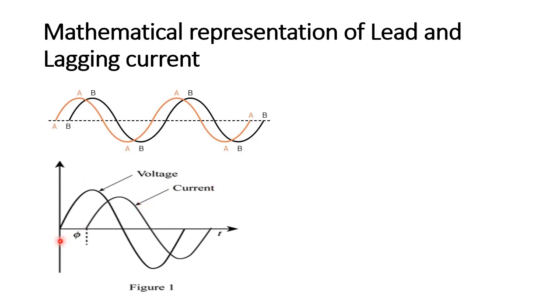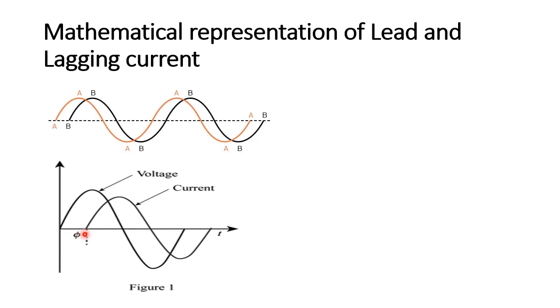So here this is the voltage waveform, this is the current waveform. So there is a phase shift or phase difference. That's why we call it out of phase. Here phi is the phase difference or phase shift. So normally we can tell this is current.